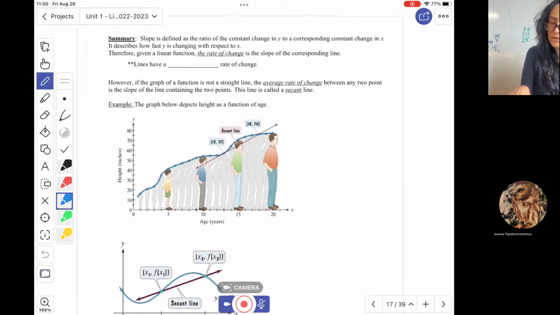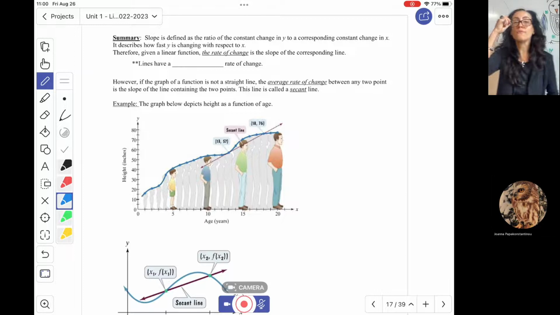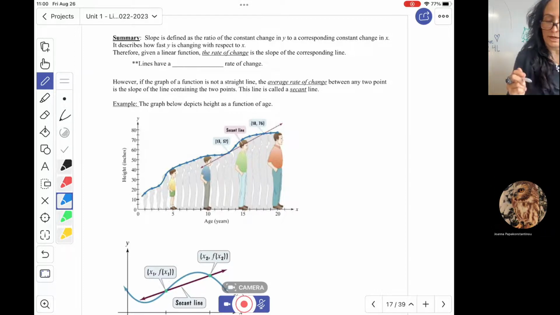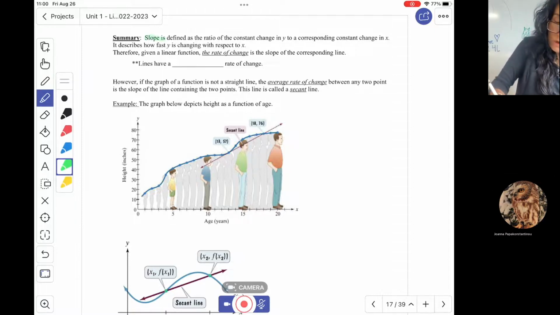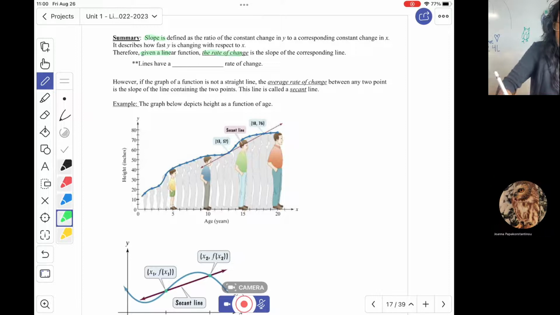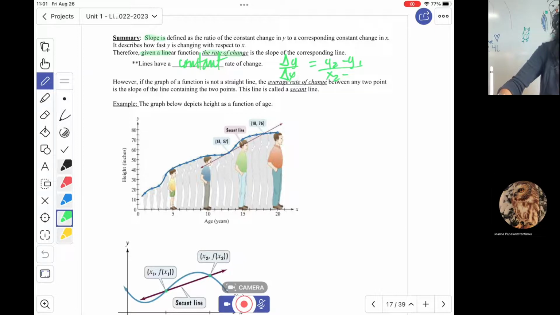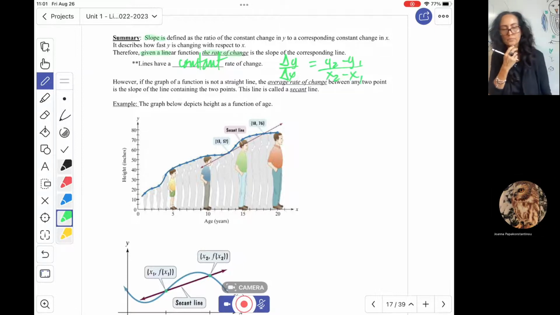What happens if you're dealing with a function that is non-linear? Well, slope is your rate of change for a linear function. So graphs of linear functions have a constant rate of change, and it is the change of y over change of x, our difference in y values over our difference in x values, consecutive values.